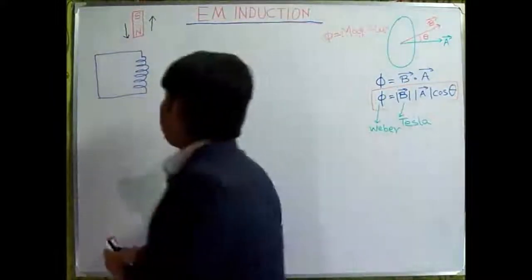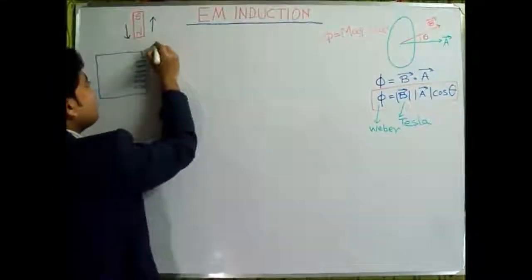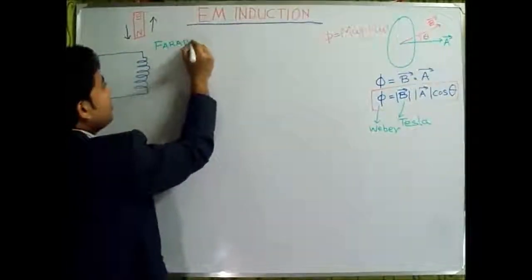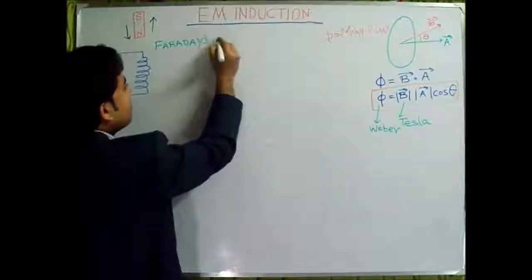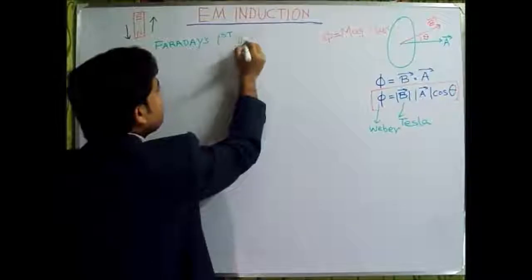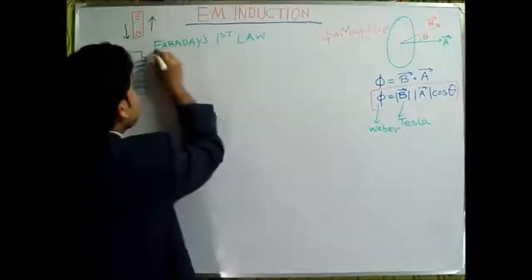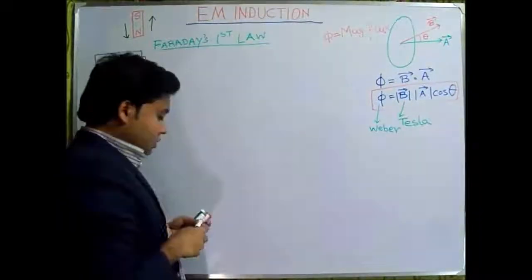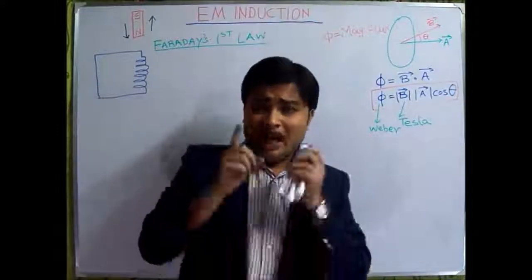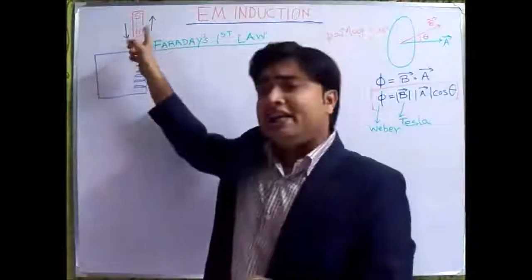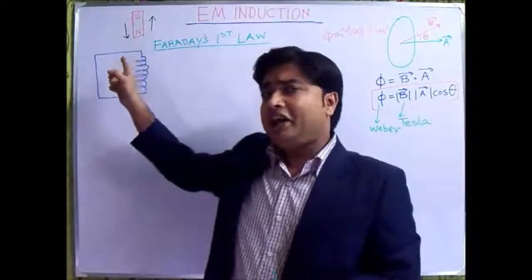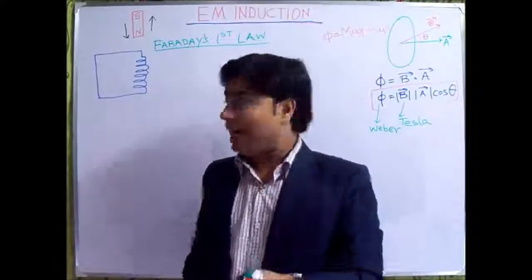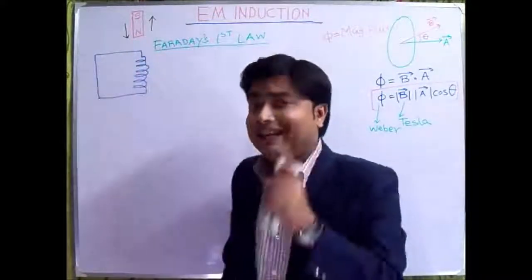The first law states that whenever there is a change in the magnetic flux, an induced EMF and consequently an induced current will be generated in this circuit.